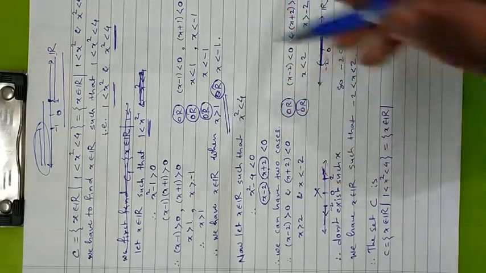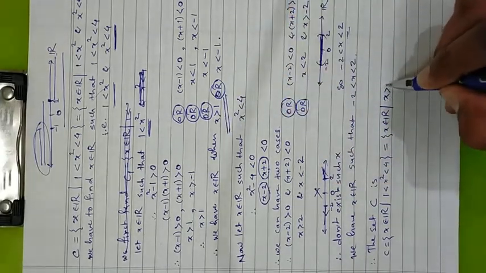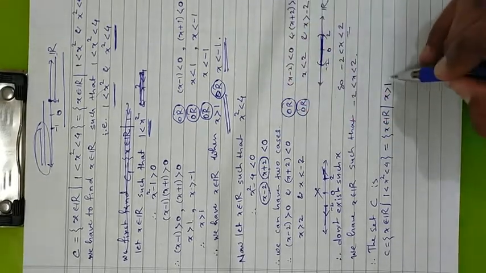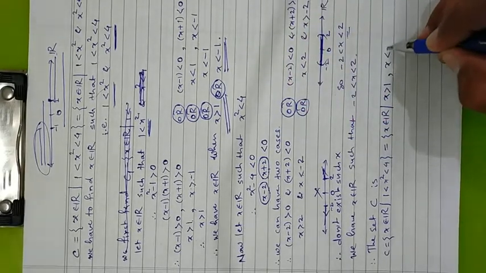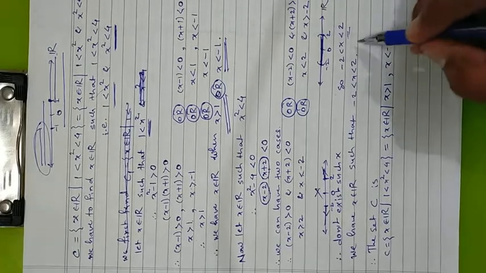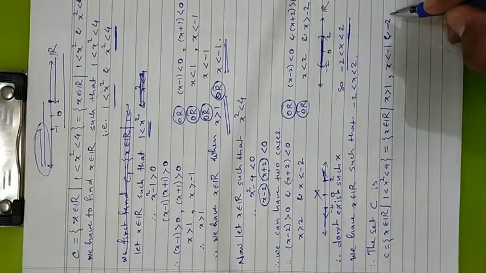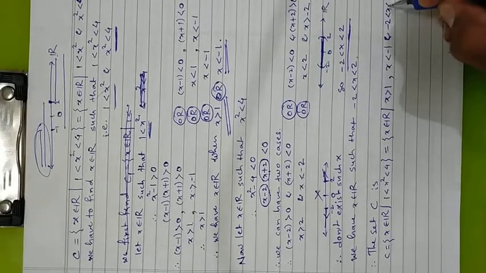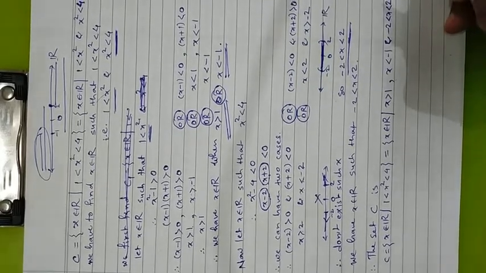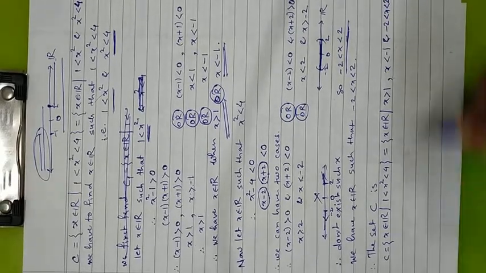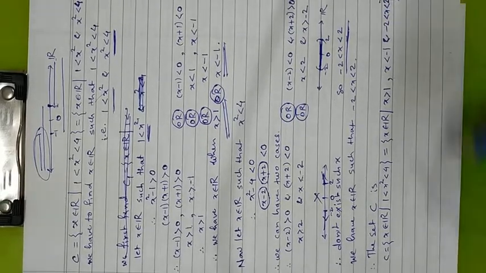So we get then x is greater than 1, x is less than minus 1, and the other thing is this x lies between minus 2 and plus 2. Right? Therefore, complete the set.